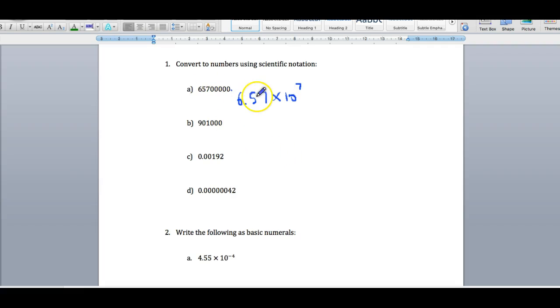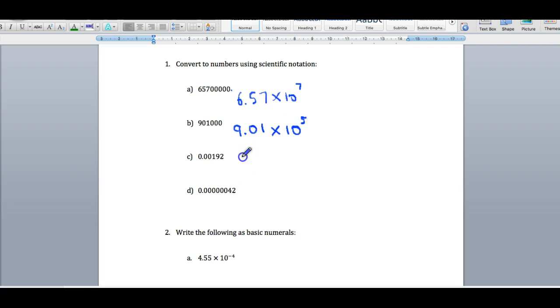Okay, so remember, if it's a big number, positive power, or basically if you've moved your decimal in the... I'm just trying to think of an easy way. But yeah, I think just if really big numbers, positive power. All right, the next one here, remember we do include that second 0, so 9.01 times 10. How many spots have we moved it? 1, 2, 3, 4, 5.